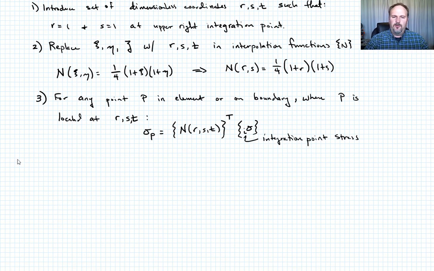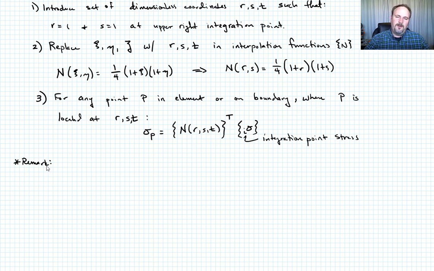I want to make one final remark. So hopefully from your intro class you learned this backwards and forwards, but remember that stresses are not continuous across the boundaries of the element, right? So what do we enforce to be continuous? We enforce displacement to be continuous, right? That's why we solve for our displacements at the nodes. So the displacements are continuous, but the stresses and strains, which are derivatives of those, are not.